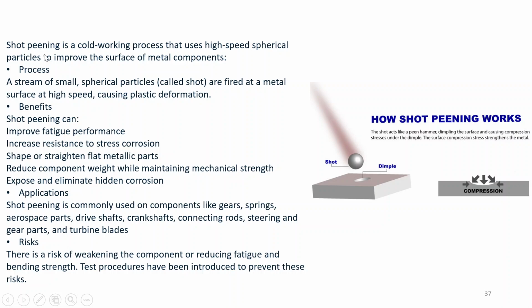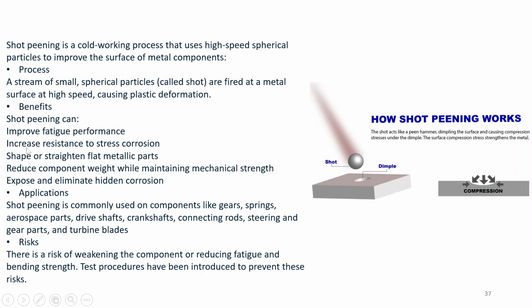Next process is shot peening, which is a cold working process which uses high speed spherical particles to improve the surface of metal components. In this process, a stream of small spherical particles, which are called shots, are fired at the metal surface at high speed, causing plastic deformation.